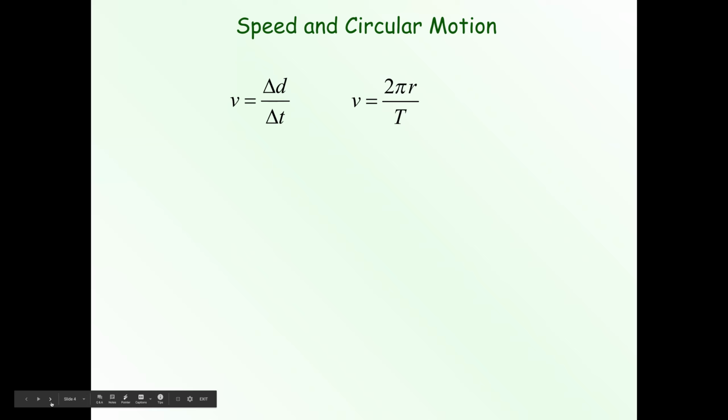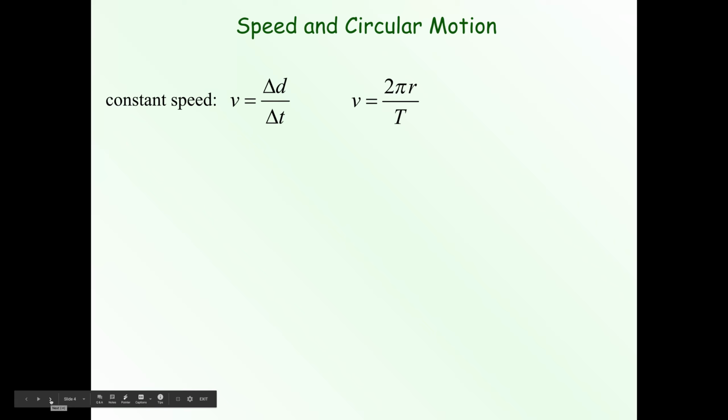Now looking at speed and circular motion. Again, the formula for constant speed is velocity equals change in distance over change in time. The distance that we're talking about in circular motion is the circumference, so the distance around the circle.